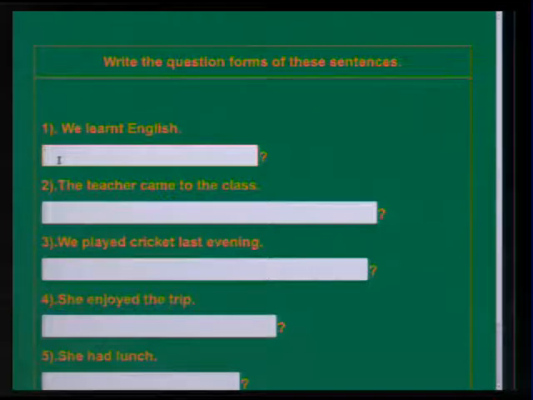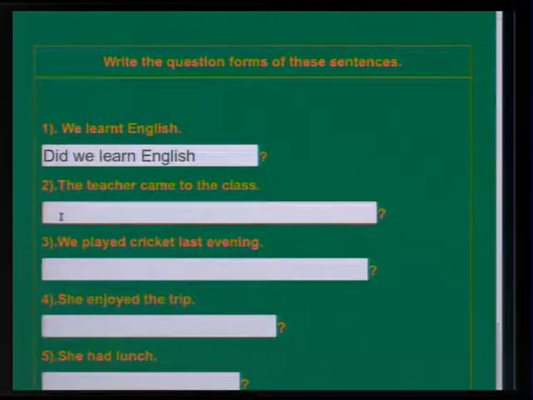The first is, we learnt English. So you can make the question like, did we learn English?